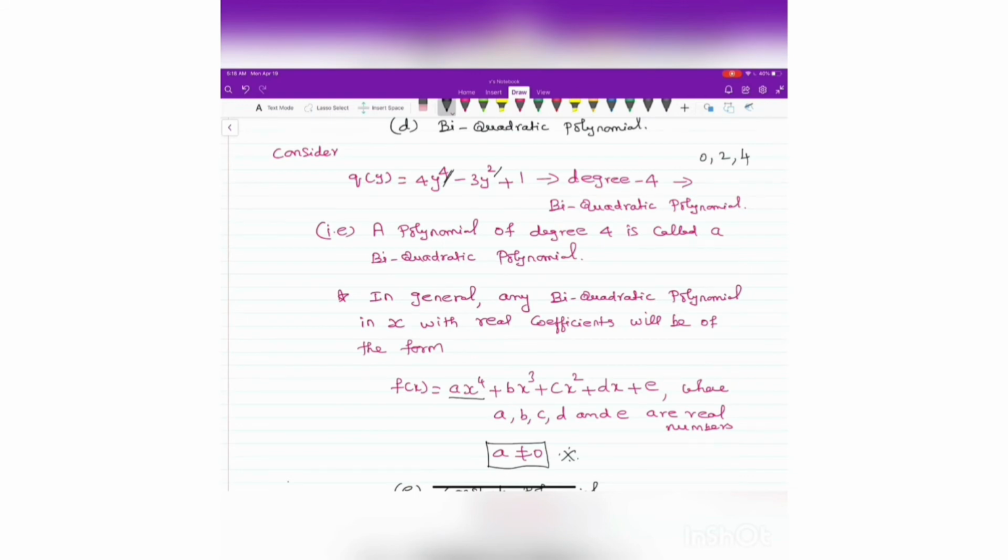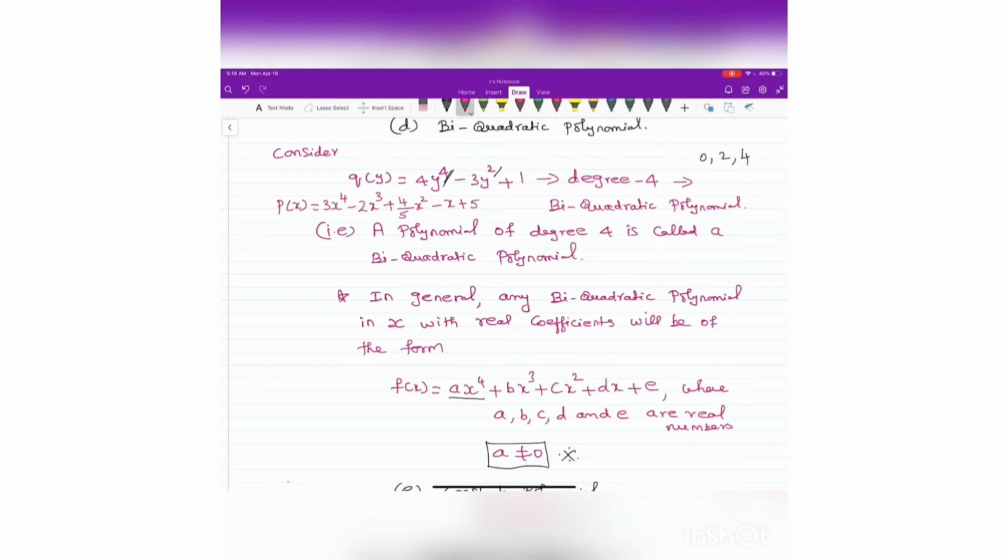Suppose the polynomial is going to be of this particular type, consider if it is going to be like this, p of x is equal to 3x power 4 minus 2x cube plus 4 by 5 x squared, then minus x plus 5.